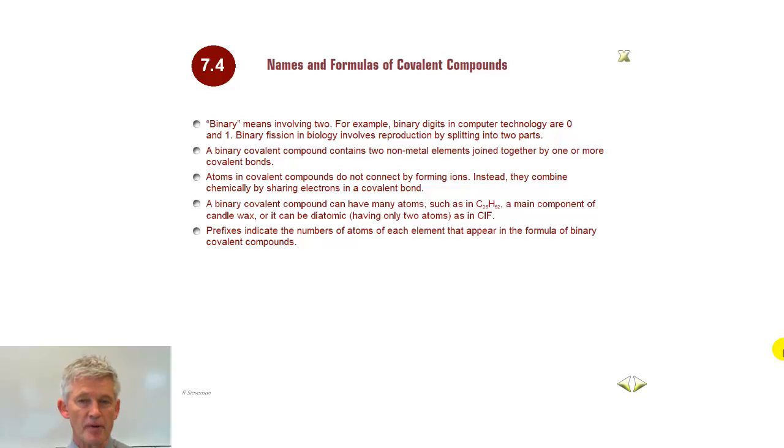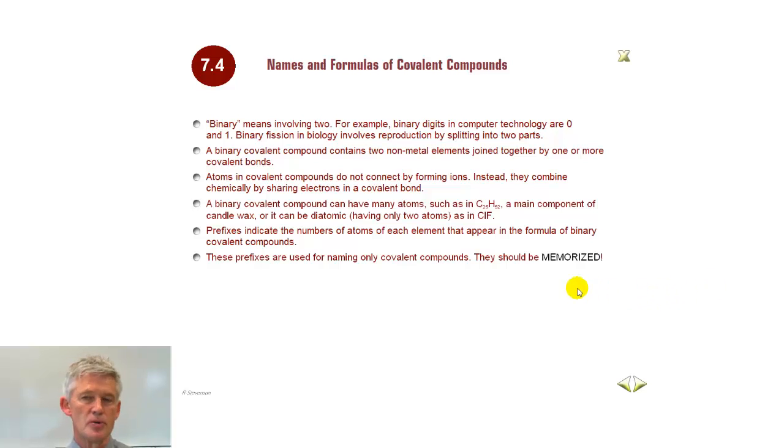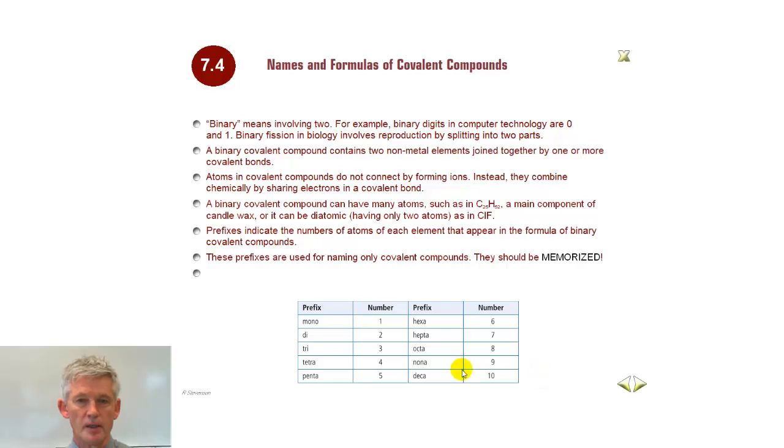Prefixes indicate the number of atoms of each element that appear in the formula of binary covalent compounds. You're going to have to know these prefixes, and there's no better thing to do than to memorize them. And there they are. Mono, 1, di, 2, tri, 3, tetra, 4, penta, 5, hexa, 6, hepta, 7, octa, 8.